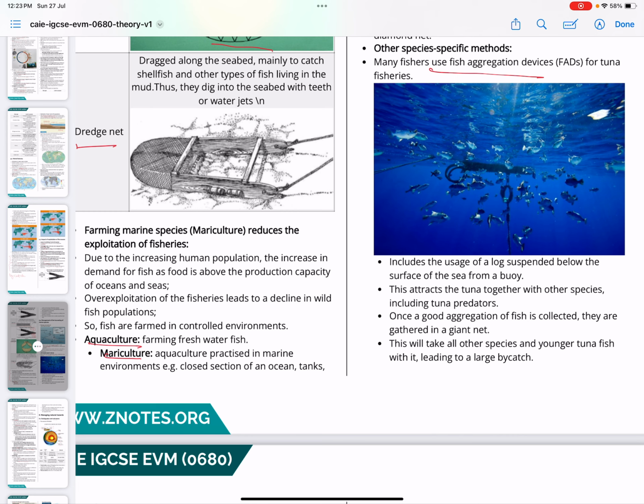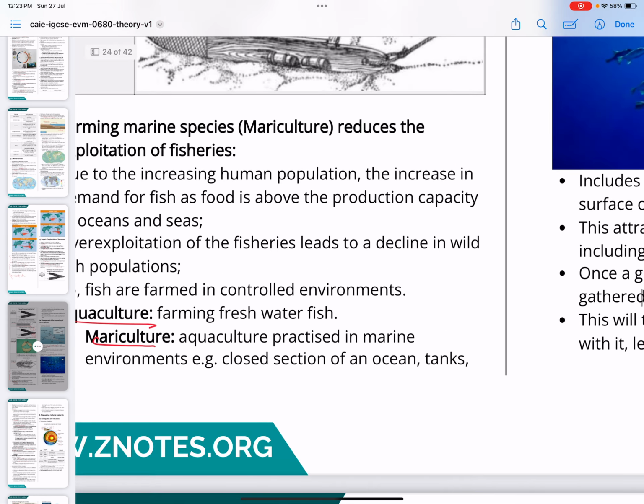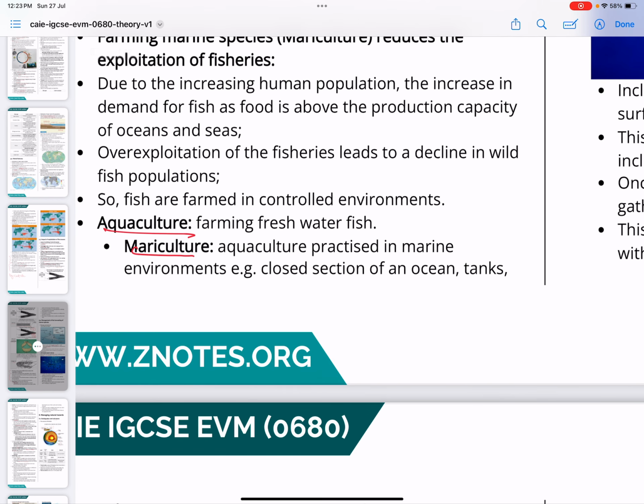Another thing that we have is the difference between marine fishing and inland fishing. Remember that the fishing done in the rivers, ponds, and lakes is called inland fishing, and the fishing done in the sea is called marine fishing. For preventing overfishing in the rivers, there is a concept called fish farming, or aquaculture, wherein the fisherman is going to buy a piece of land.